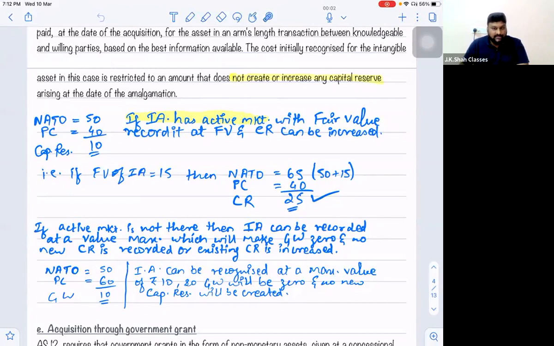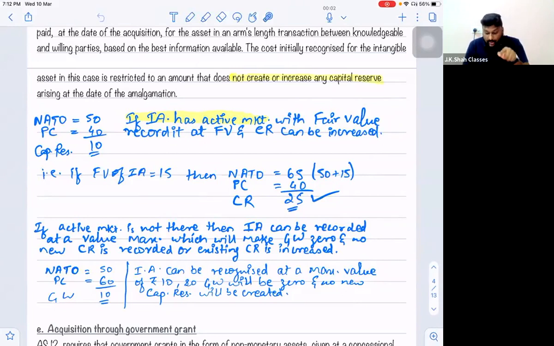Just have a look at this example. Net asset is 50 rupees and you are paying 60 rupees as purchase consideration. So 10 rupees over here becomes goodwill. Correct? 10 rupees is goodwill. So intangible asset can be recognized at the maximum value of rupees 10. So goodwill will become zero and no new capital reserve will be created.